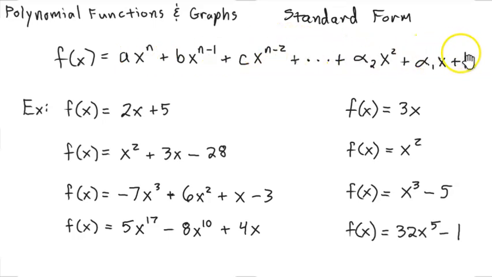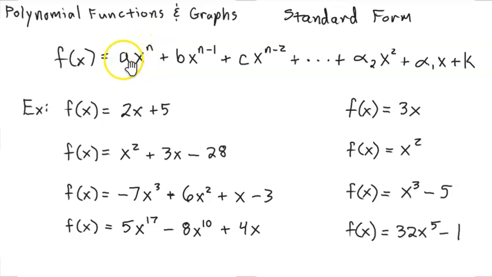This is sort of a technical way of writing the standard form of a polynomial function. Basically, what you have is you can have any power on x to the anything power. That's why we put n.